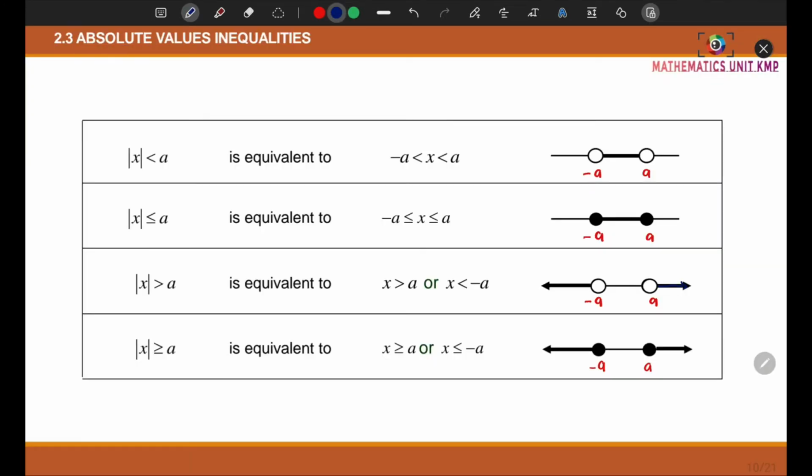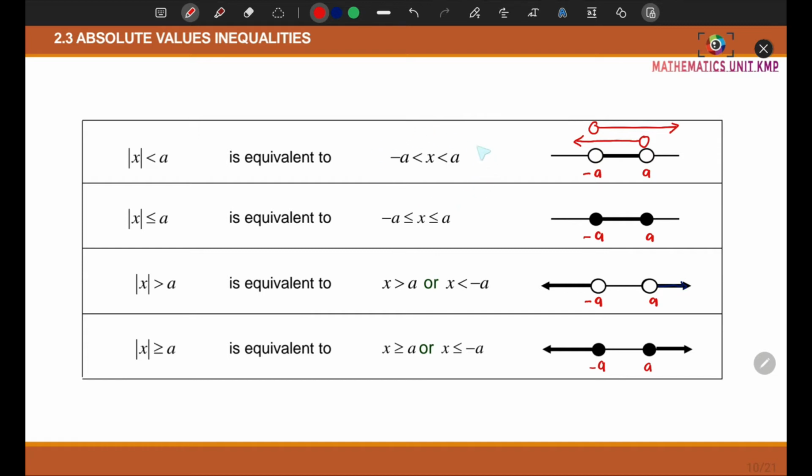2.3 Absolute Values Inequalities. Absolute value of x less than a is equivalent to x less than a and x greater than negative a. So if we see here, x less than a means this part, and x greater than negative a is this part.